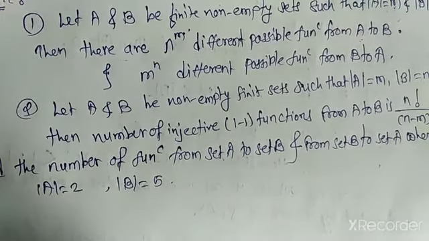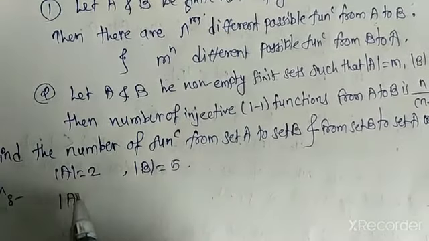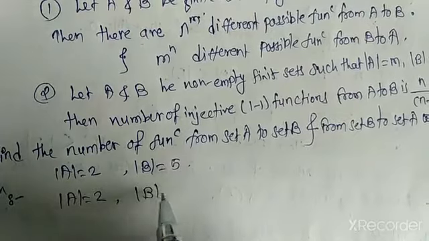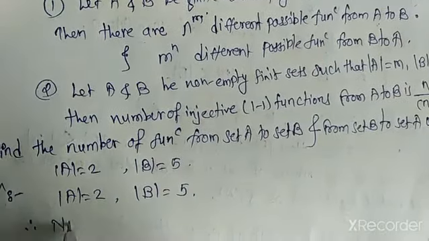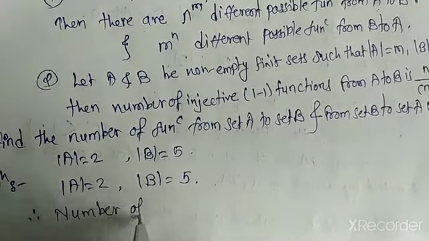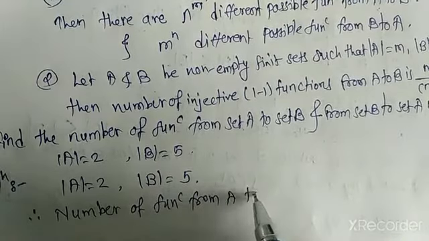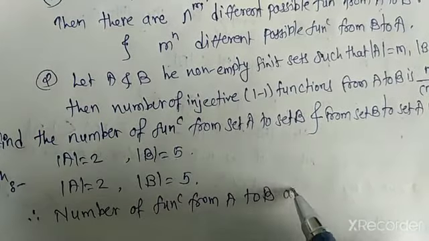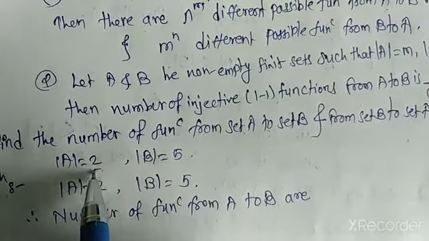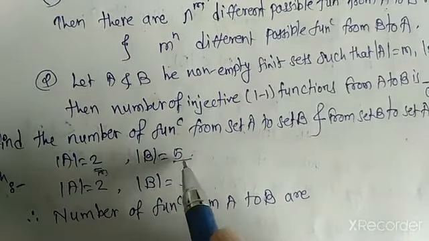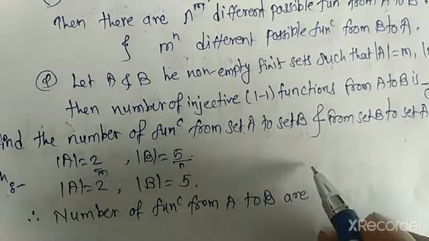So in the solution, first the cardinality of A is given as 2 and the cardinality of B as 5. Now the number of functions from A to B: here m is equal to 2 and n is equal to 5.